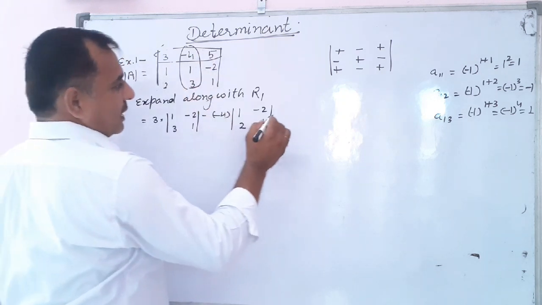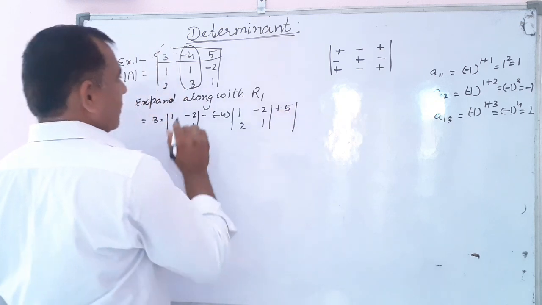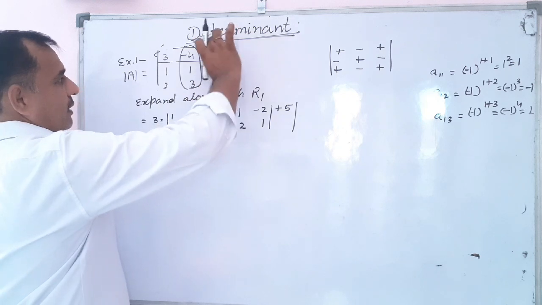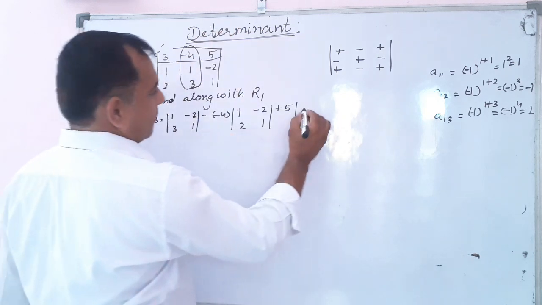The third element is 5, and the elements of the third column and R1 are eliminated, and the remaining is |1 1; 2 3|.